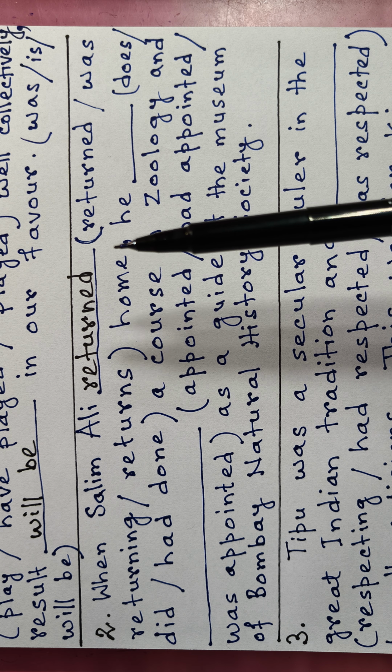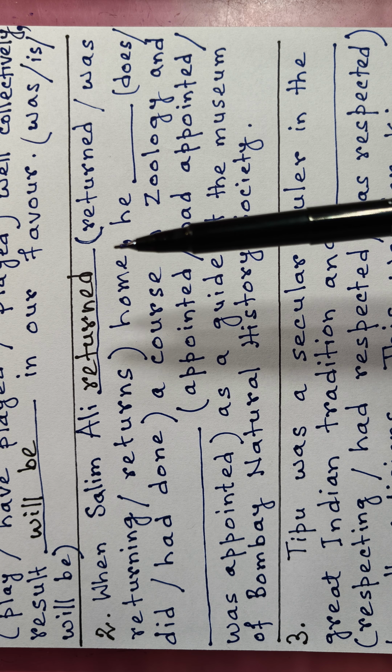It means this is the passive voice, be plus third form, that is past participle form of the main verb. Since the respect came from all religions, the subject here is Tipu, was the receiver of that respect. So the correct option is was respected by all religions.